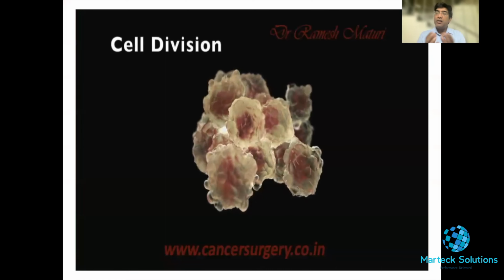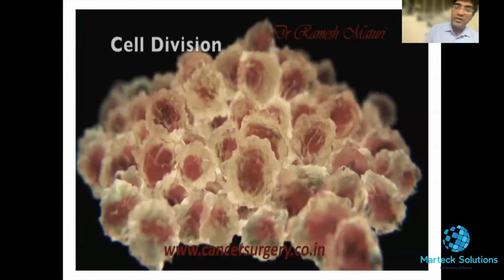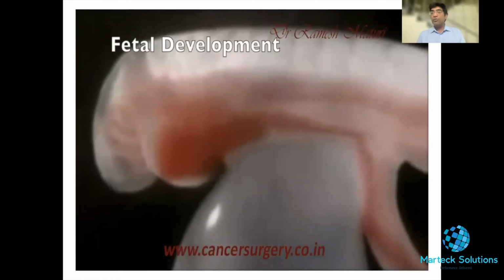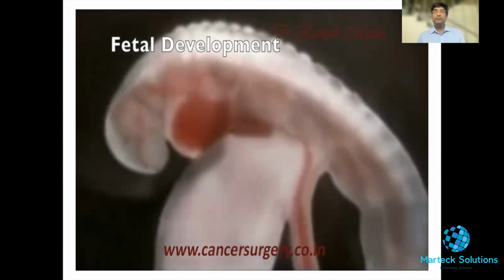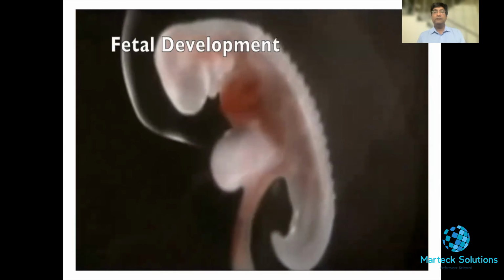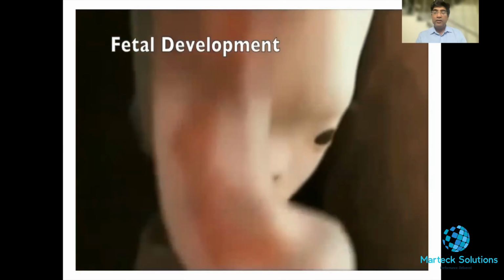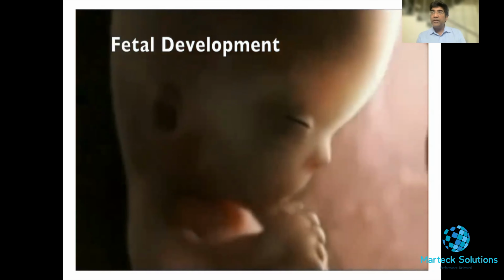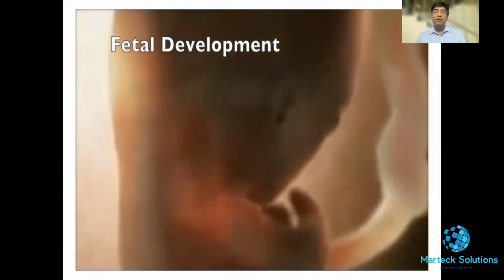And soon this mass of cells takes the form of a human being. We can identify the eyes, the feet, the hands. Soon various organs of the body are formed.